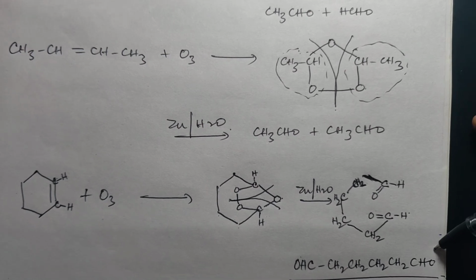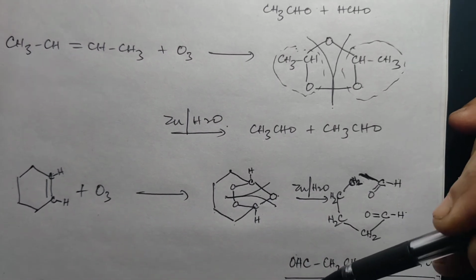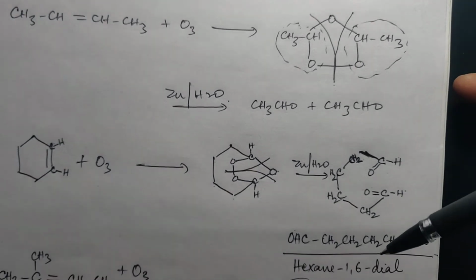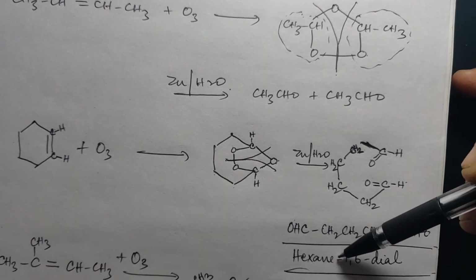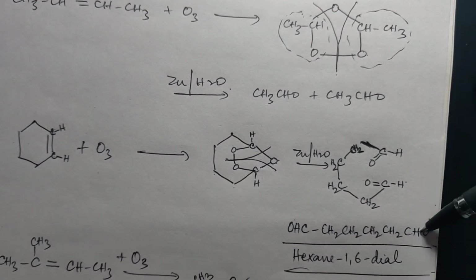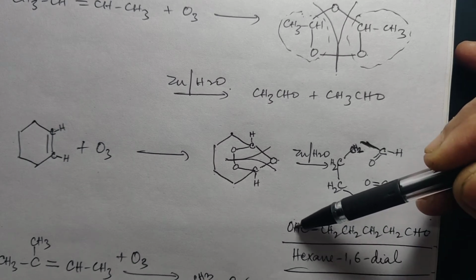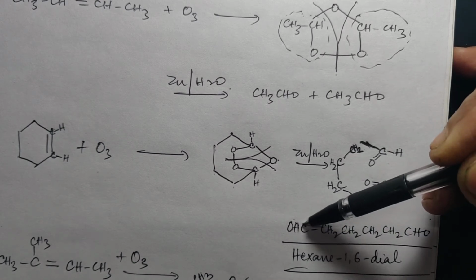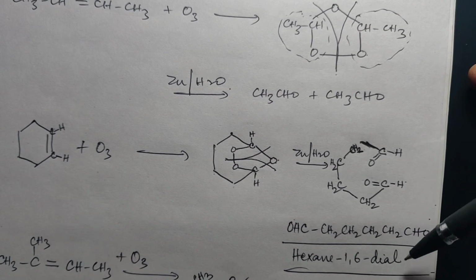This is made up of 6 carbon atoms. You call it hexane 1,6-diol. 1, 2, 3, 4, 5, 6. First position and 6th position, they are aldehyde groups. They are 2 in number, so it is diol.